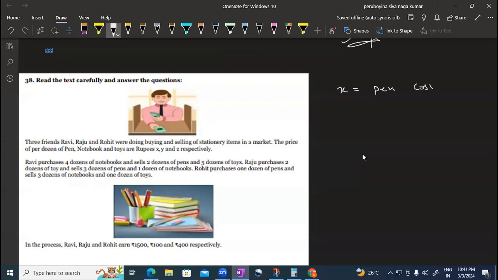Pens cost. Y is equal to what he said, notebooks cost. And Z equal to, they said, toys cost.